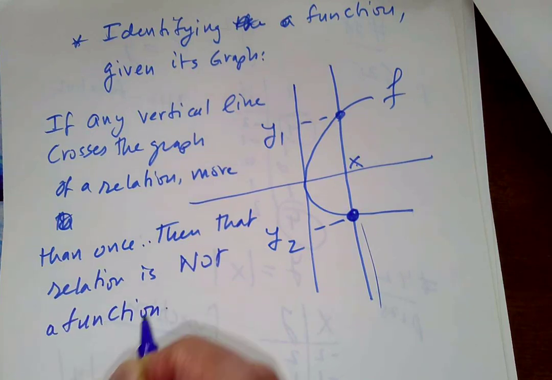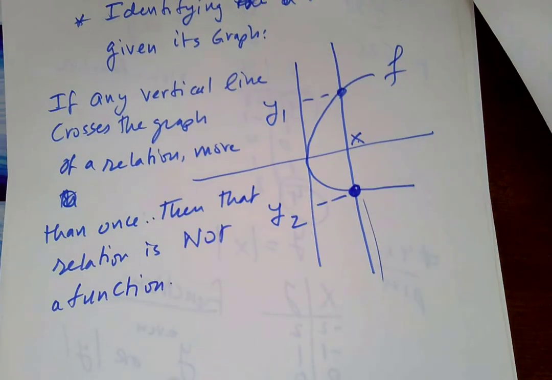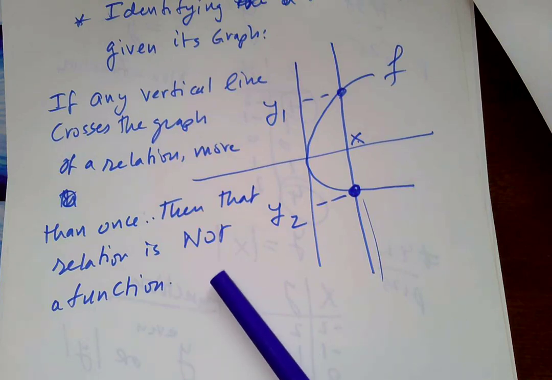So no vertical line can cross the graph of a function more than once.